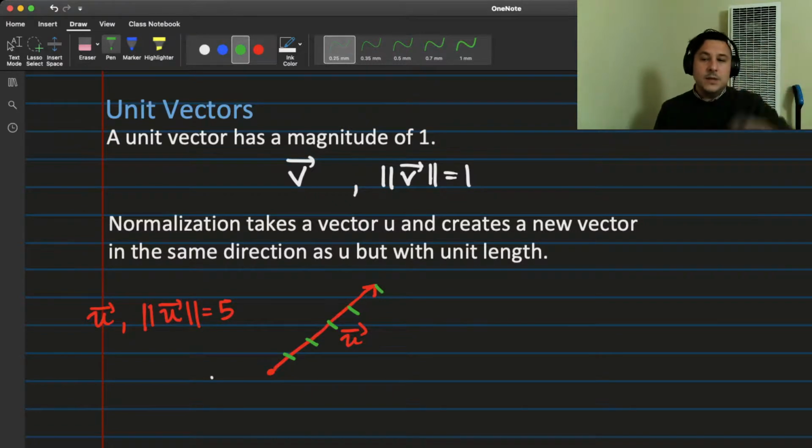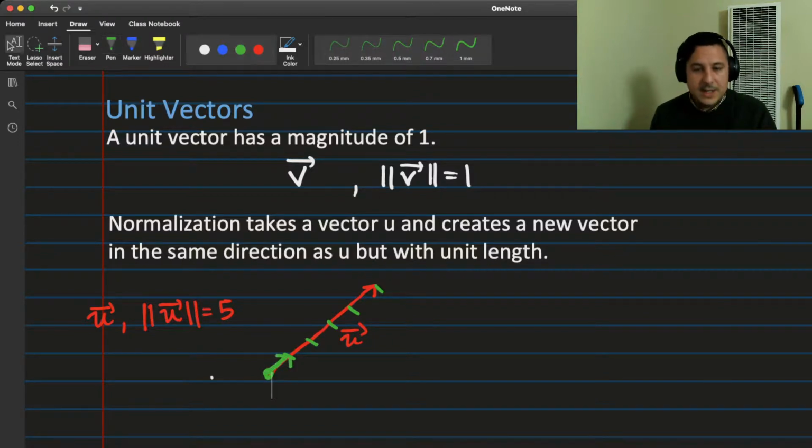You could scale u down. What I want is this vector right here that starts here and ends right there. I want something that's 1/5 the length of u. So I'm going to make a new vector called v. I'm going to say v is 1/5 of u.